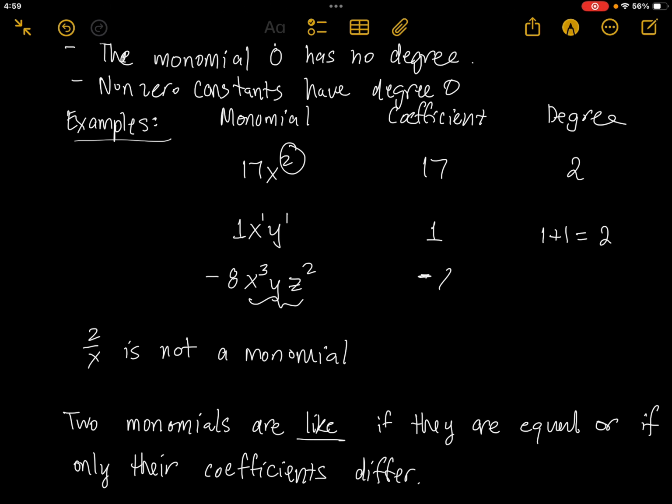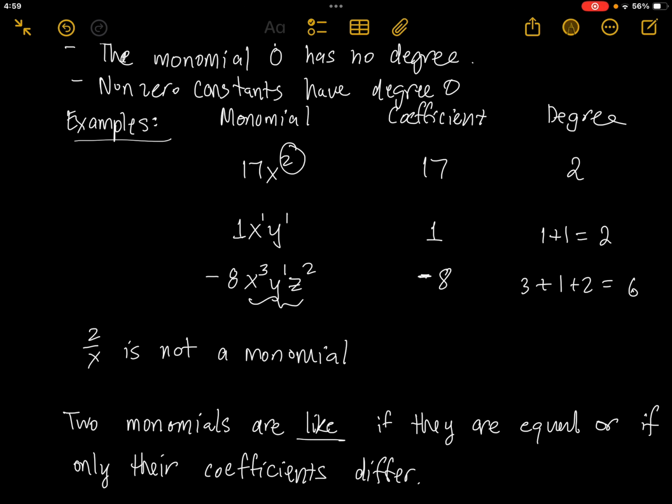What's the degree? I'm looking at the exponents. I have x cubed times y to the first power times z squared, so I add the exponents: 3 plus 1 plus 2 is 6. So the degree is 6.